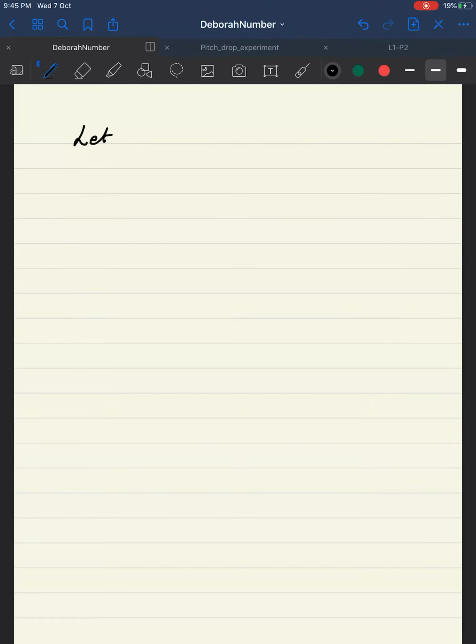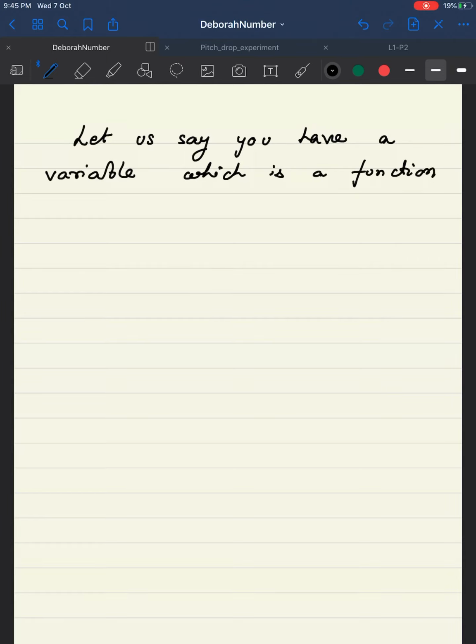Let us say that you have a variable which is a function of, should I just use h, since I have been using that?